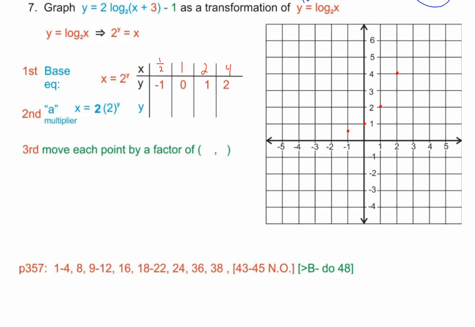Now, I've got this 2 out in front of the logarithm, and it's the a value. Remember, we've talked about this. So this is a multiplier. So now I have to multiply times 2, and this shouldn't be y. This should be x. Tricky, tricky, tricky.